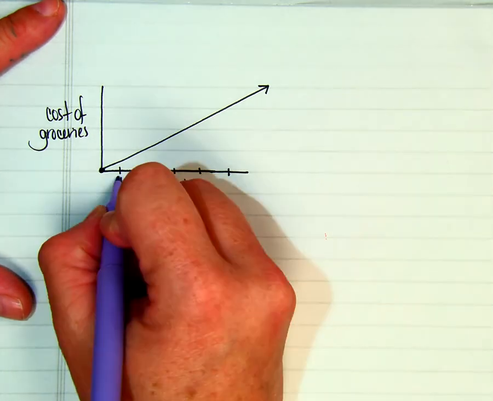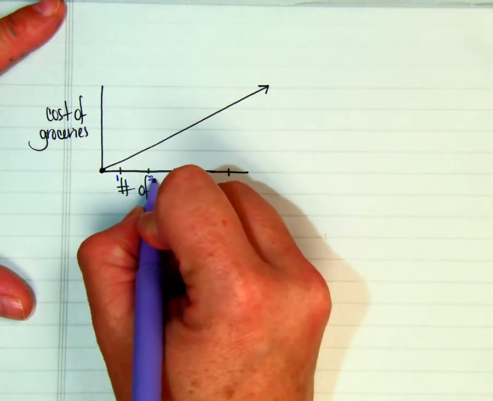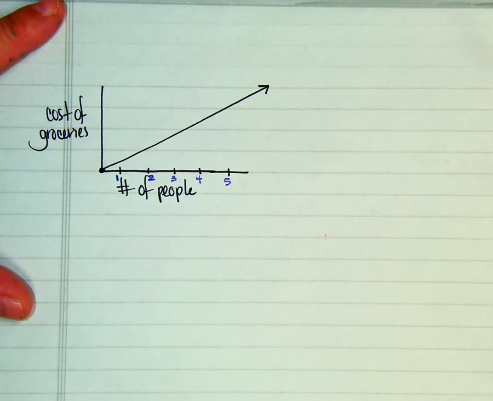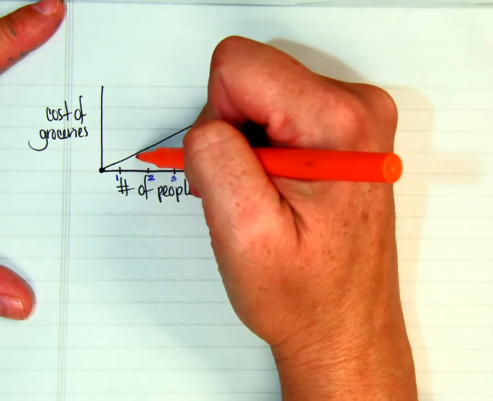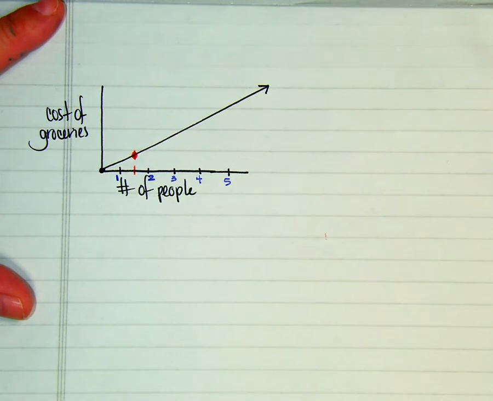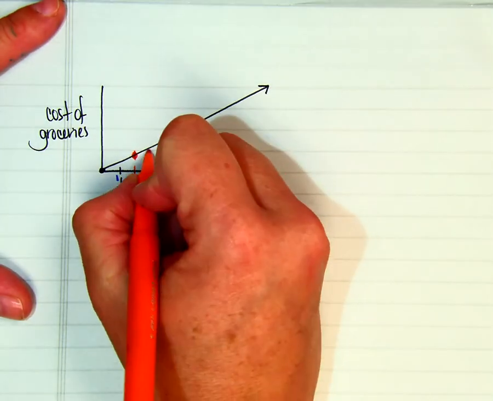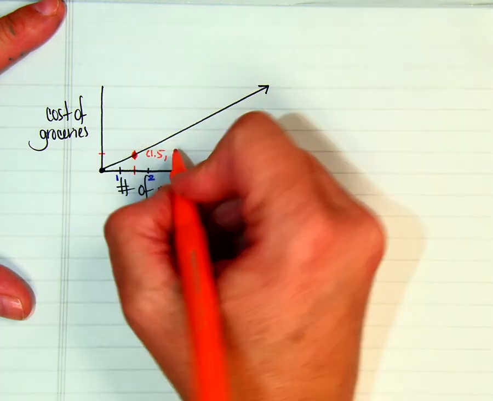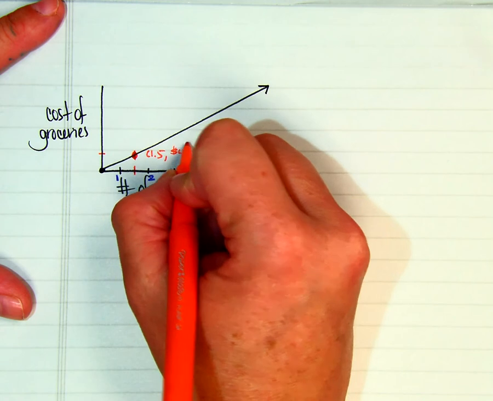if this represents 1 person and 2 people, 3 people, 4 people, and 5 people, are we going to have 1.5 people? So if you have 1.5 people, you might be spending, I don't know, $40, for example.